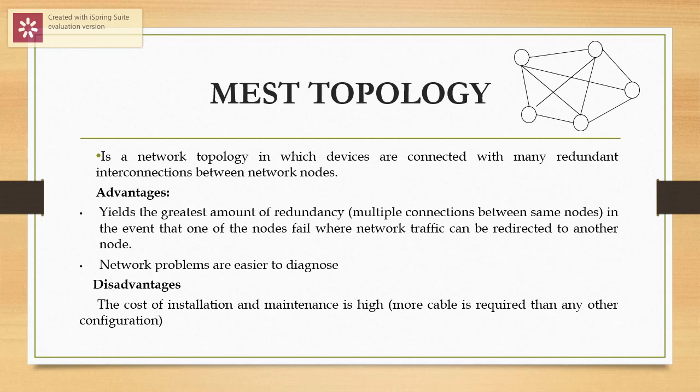In the event that one of the nodes fails, network traffic can be redirected to another node. Network problems are also easier to diagnose. A disadvantage, though, is that the cost of installation and maintenance is high. That is, more cable is required than any other configuration.